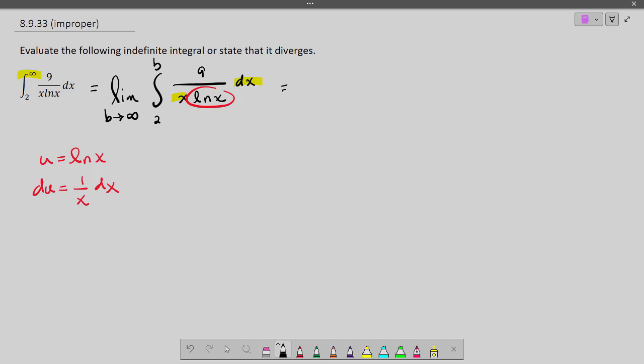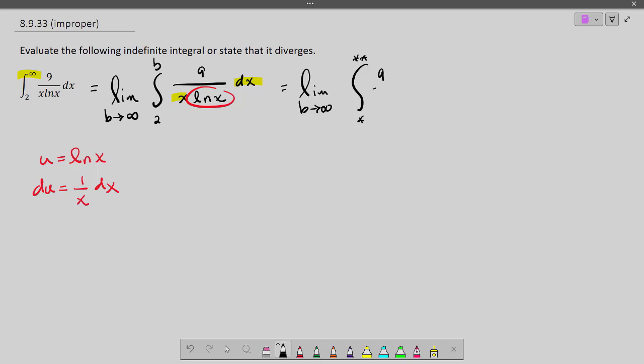So this is going to give us the limit as b goes to infinity. Now we're converting to u's here, so because this b right here is not a u limit, we're usually going to use placeholders. So this is going to be 9. We could have factored that out. We still can in a minute. So that 9, this is 1 over u du.